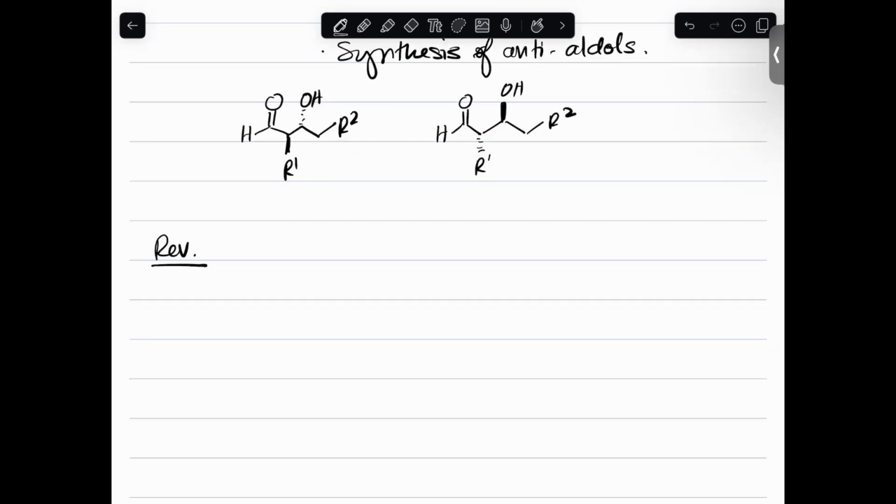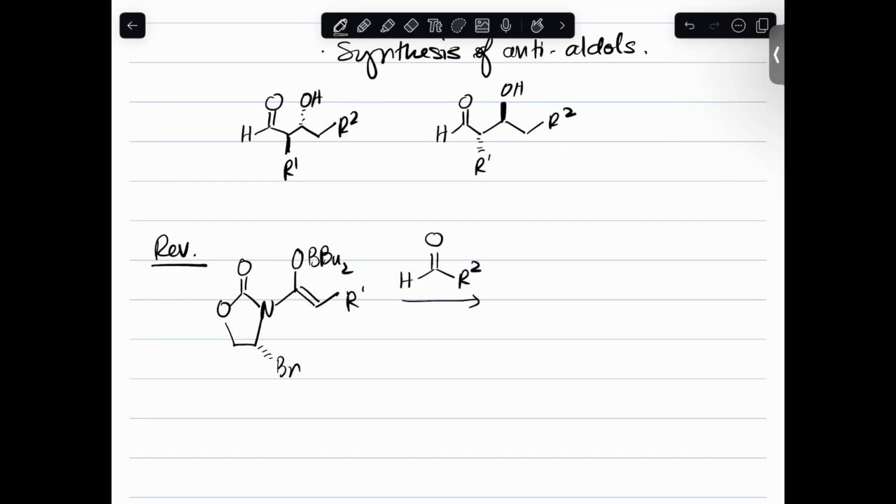If you have a syn enolate using Evans oxazolidinones, in the presence of an aldehyde or carbonyl electrophile, and I used a really simple electrophile, you will get, in this case, the syn product, but the wedged syn product, because it all depends on the substitution of your oxazolidinone, right?